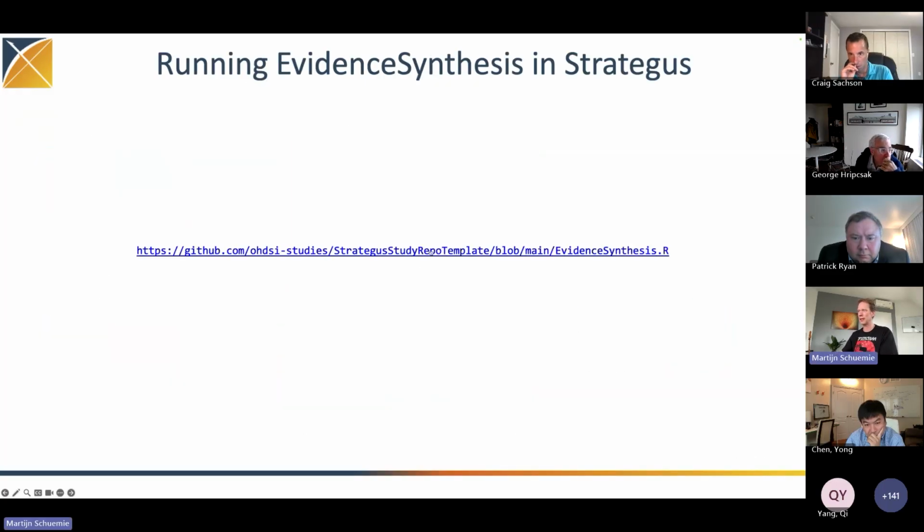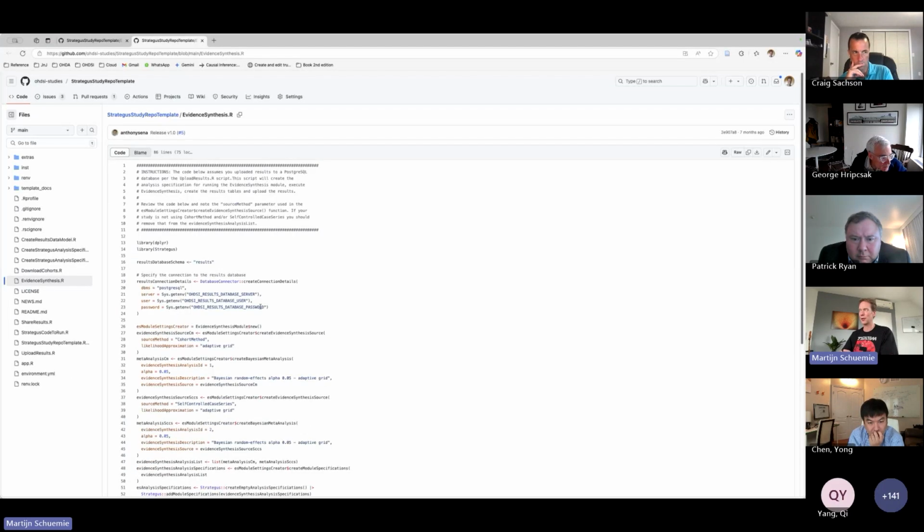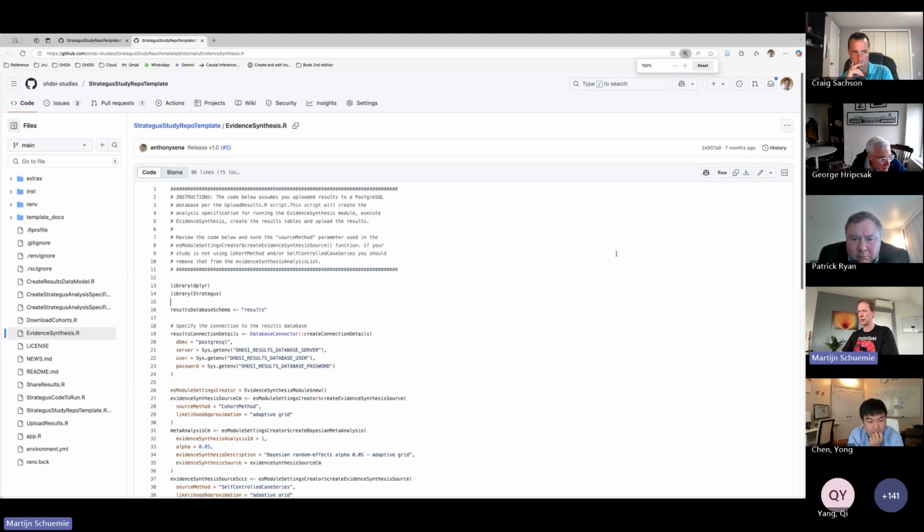And just briefly, the code for specifying the evidence synthesis and running it in Strategos. I've hyperlinked it here. I'm not going to go into detail, just to make the point that this is pretty much always the same.